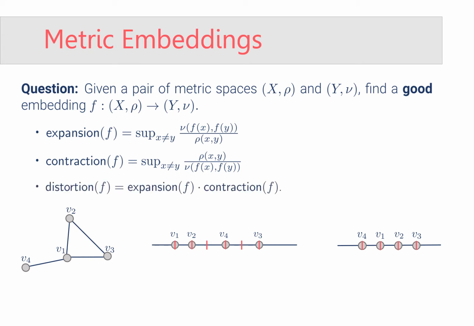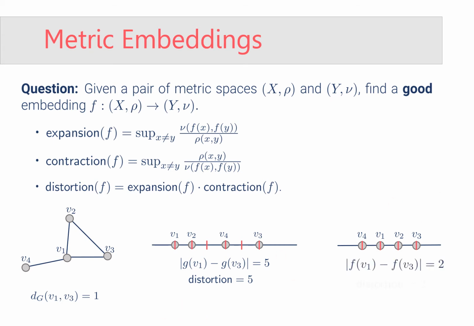Finally, to get the distortion, we just take the product of expansion and contraction, and we would like to find an embedding which minimizes the distortion as much as possible. So, for instance, in this graph, as I said already, the biggest expansion we have is 5, contraction is 1, so the distortion of this embedding, embedding G, is 5.